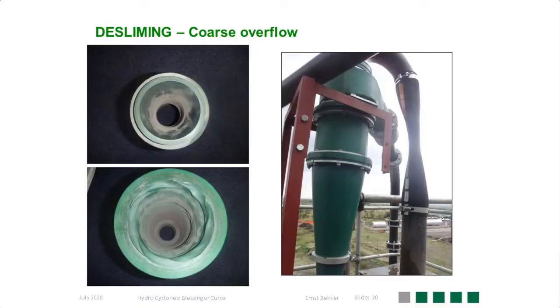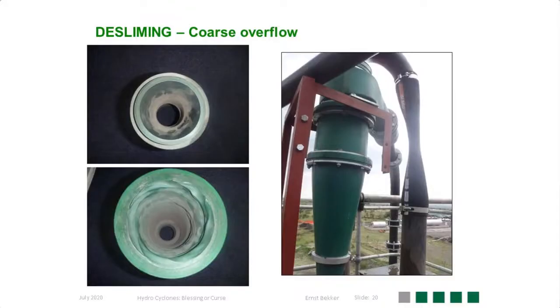Another problem of getting coarse material into the overflow is due to the effect of siphoning. The picture on the right hand side shows the overflow being extended down below the spigot of the hydrocyclone. As you can see by this rubber pipe that has been inserted, it has been sucked in, indicating there's a vacuum starting to form in the overflow of this hydrocyclone.